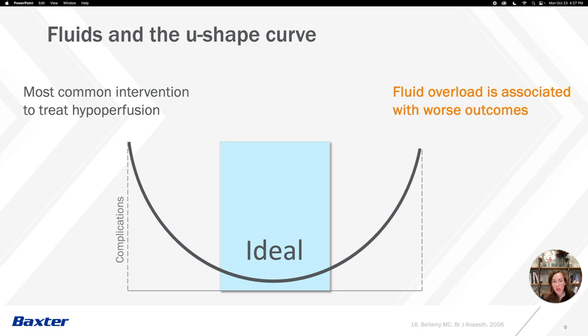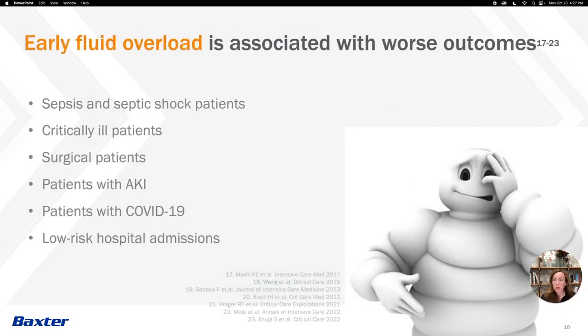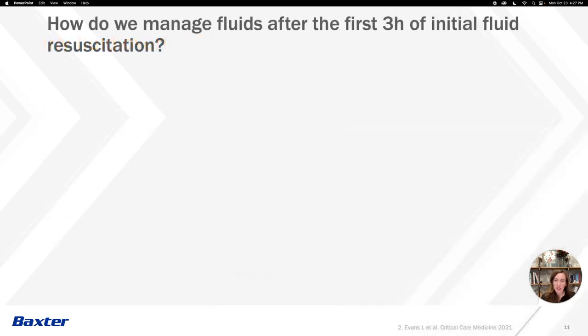What's interesting to note is that according to the literature, fluid overload is actually associated with worse outcomes, and that every single patient does have an individualized volume need. So again, a one-size-fits-all approach is really not ideal. So when you look to sepsis and septic shock patients, your critically ill patients, this has been studied in a variety of different populations, early fluid overload specifically is associated with worse outcomes. So that is something to keep in mind.